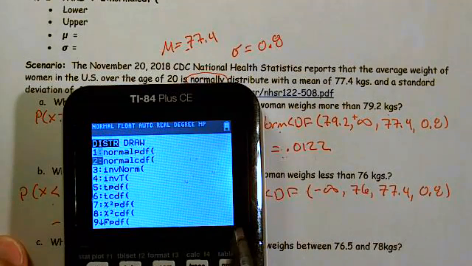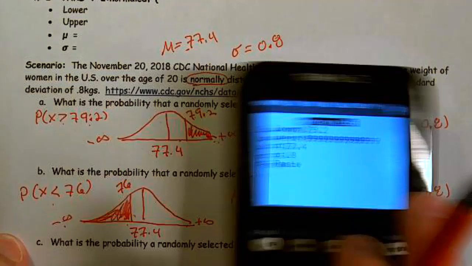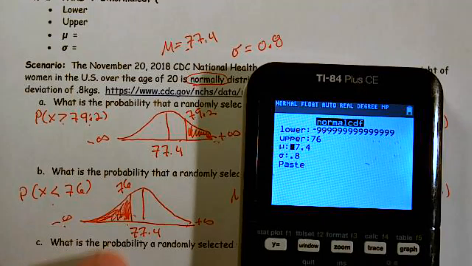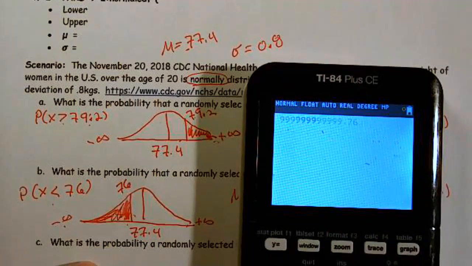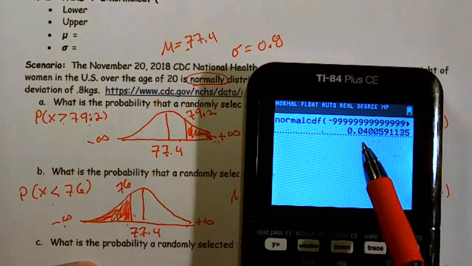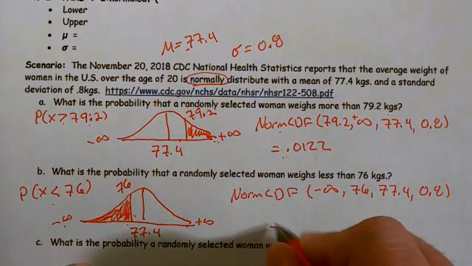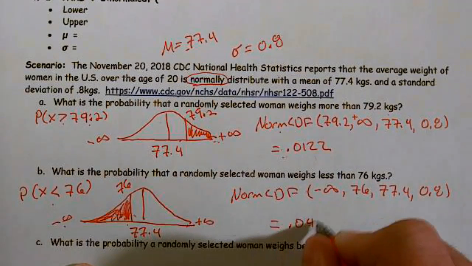Second vars, normal, CDF. Lower part of my shading, negative infinity. Upper part of my shading was 76. My mean was 77.4 and my standard deviation was 0.8. And I end up getting 0.0501. Please always truncate. Go to 4 decimal places and truncate.